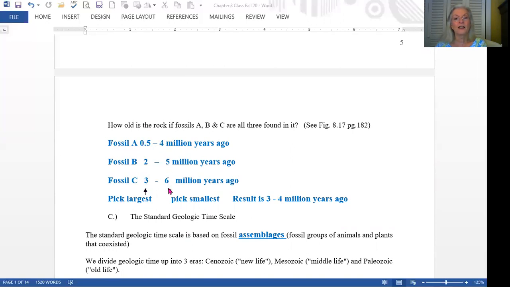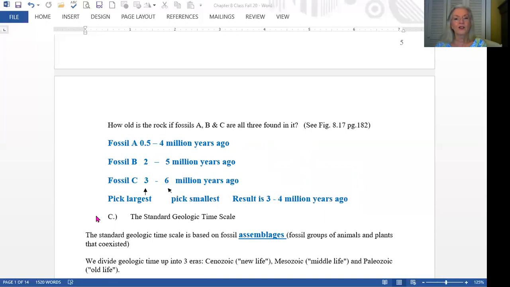We look at our ending numbers, our 4, our 5, our 6. We pick the smallest one of those. The smallest one of those is number 4. And so 3 to 4 million years ago is the range that we have.